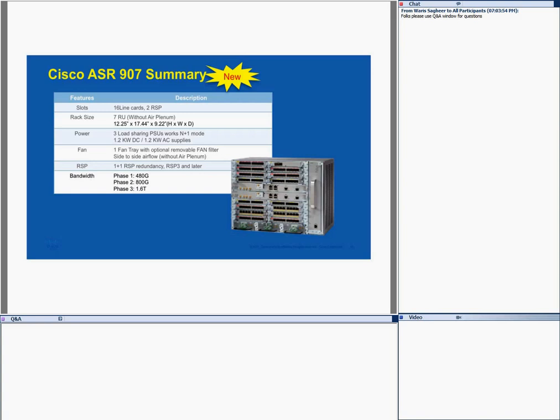And with the 907, we have an advanced, higher throughput backplane. The first phase of RSP is going to be the RSP3. So from here, the generation of the RSP starts on the 907. The 907 doesn't support the older generations of RSPs, which are RSP1 and RSP2.